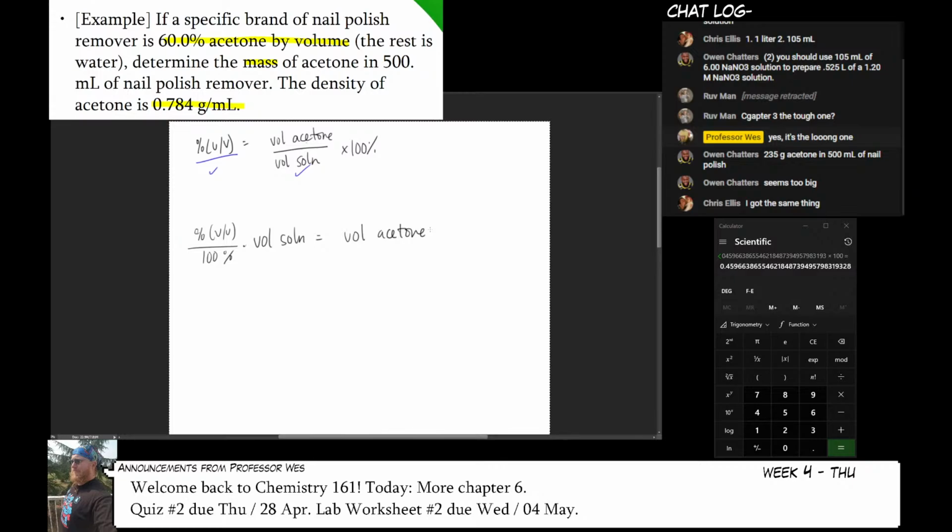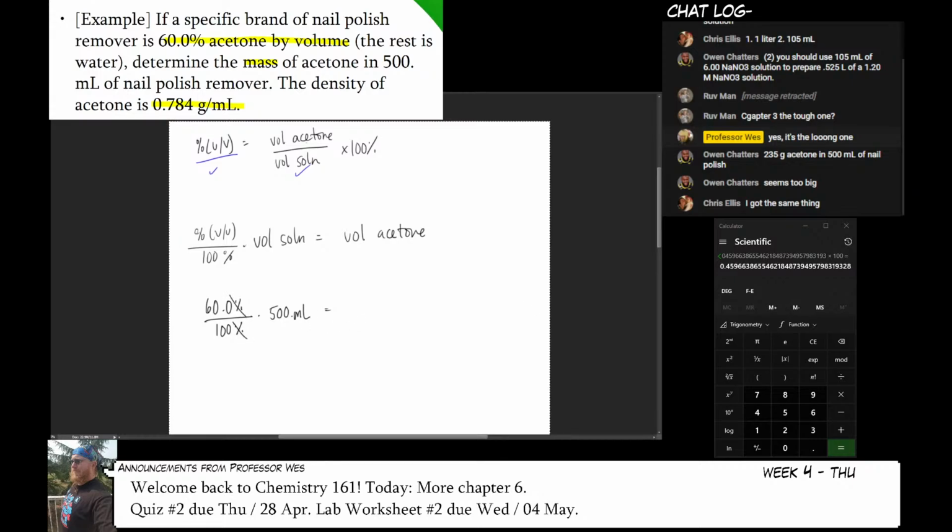And so that would be 60.0% divided by 100% times the volume of the solution. So my percentages cancel out.